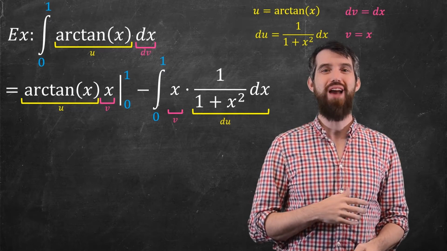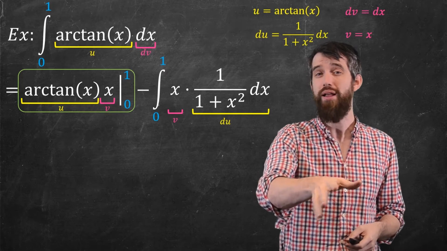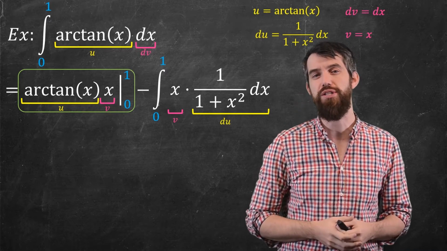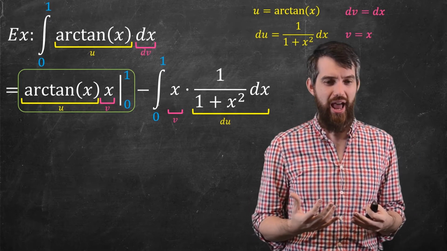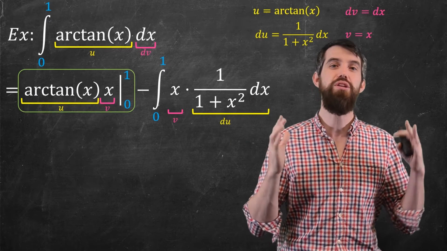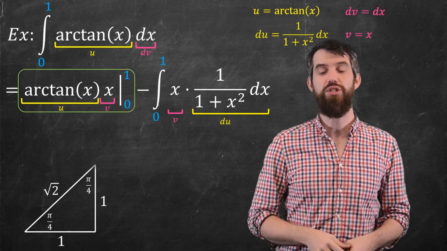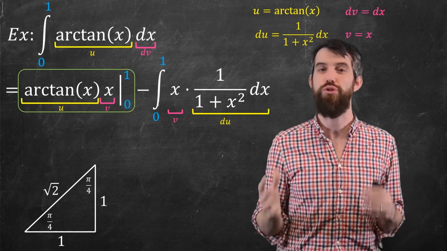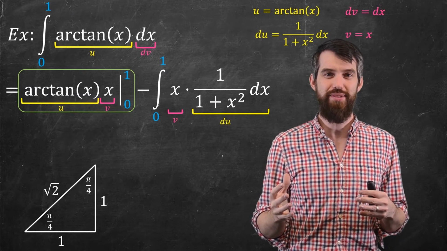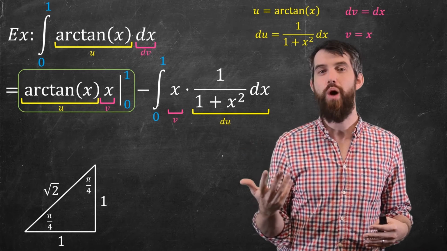A couple of different complicated things about this. First up, we had to figure out how to deal with the arctan portion, and then we had to do this integral. The integral takes a couple of steps as well. So let's think about just the arctan first. For arctan, I'm trying to figure out arctan of 1 and arctan of 0. For this, you need to know special triangles. The special triangle that's relevant here is the so-called 1, 1, root 2 triangle. This says that tangent of pi over 4 is 1 over 1, which is just 1.